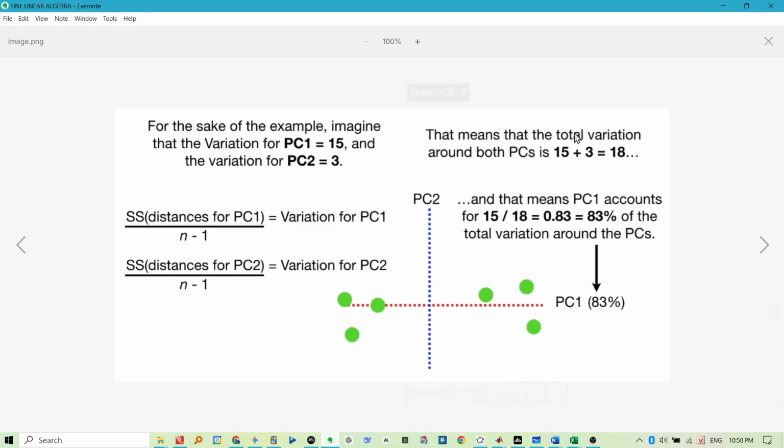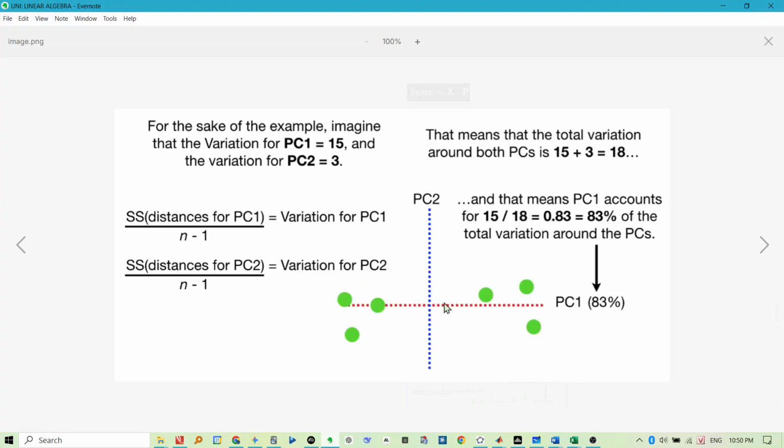That means the total variation around both PCs is 15 plus 3 equals 18, and that means PC1 accounts for 83% of the total variation around the PCs. That means by looking at PC1, we can describe 83% of the original data.